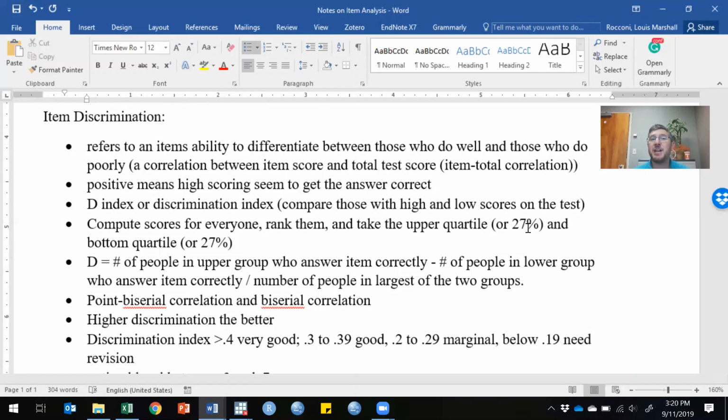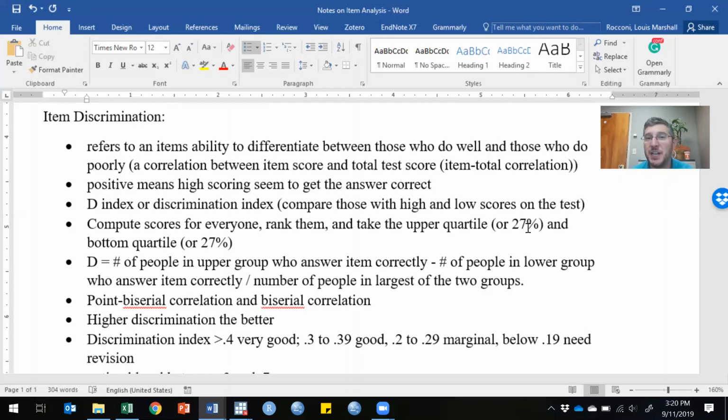So item discrimination really refers to an item's ability to differentiate between those who do well and those who do poorly on the test. There's a couple ways we can measure this. There's the discrimination index or a discrimination coefficient. The index is basically we split the sample into high and low performers.